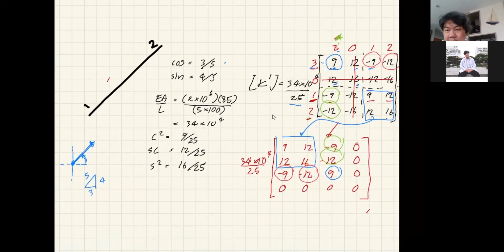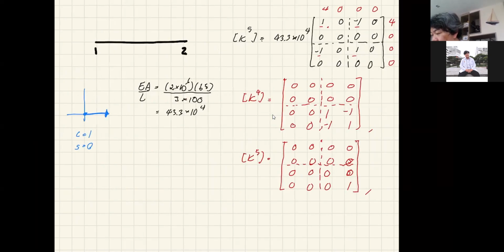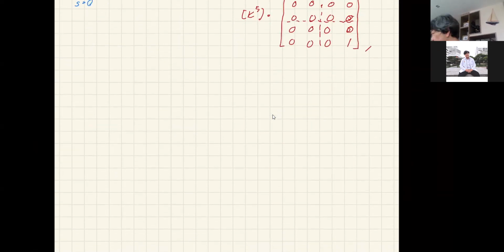So in the end, that means the global stiffness matrix for the entire structure, after you add these 5 up together, should be symmetric. Okay, so I think I'm gonna write this for you again.